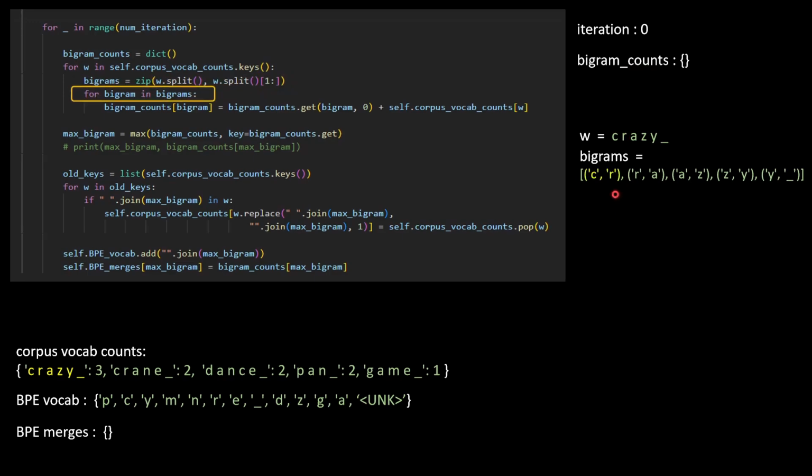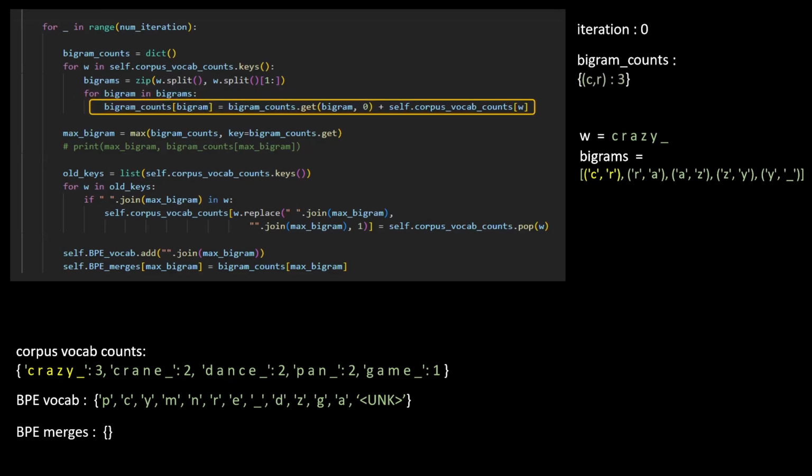If we go forward, we see that we are now iterating over bigrams, and the first bigram is CR. As CR has occurred in the crazy word, and the crazy word has occurred 3 times in our corpus, we have seen CR appear 3 times in the corpus so far.